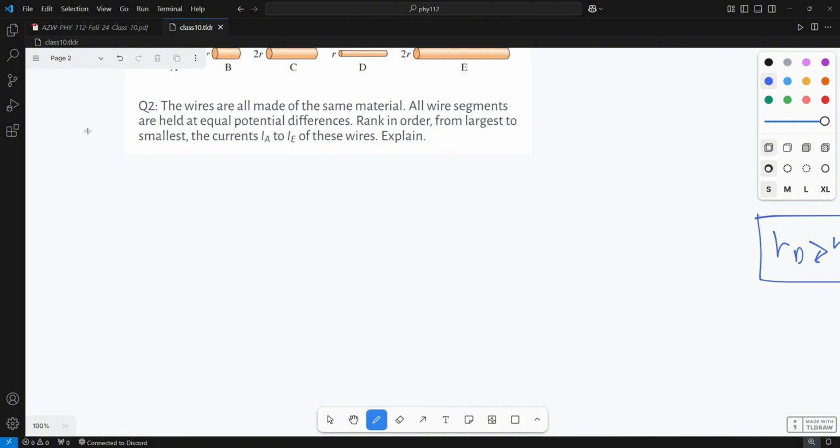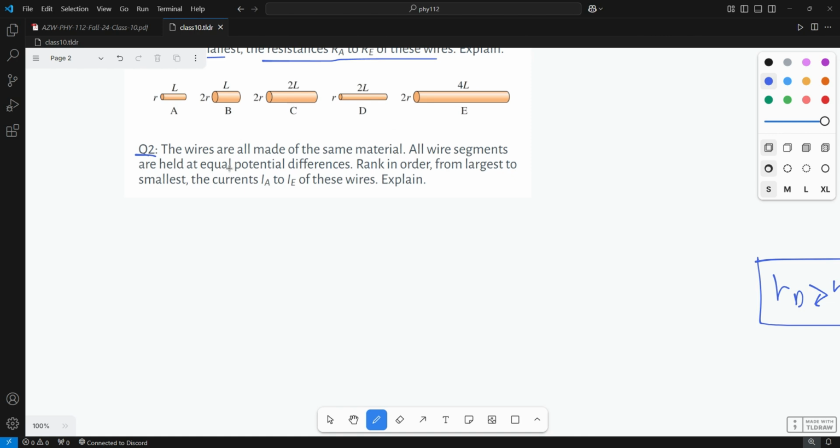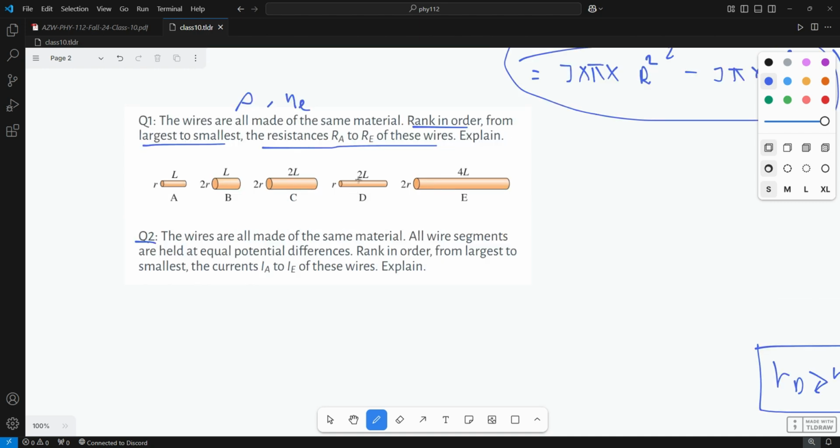If you take a look at the second question, it says all the wires are made of the same material. All wire segments are held at equal potential differences. Rank in order from largest to smallest the currents from IA to IE. So the potential differences are equal.